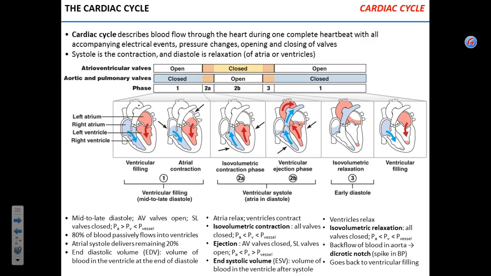Other than that, the whole blood flow through the heart, the, what's the word, the electrical events, we talked about it. So, since it's a cycle, you can't really start it. That makes sense. Okay?